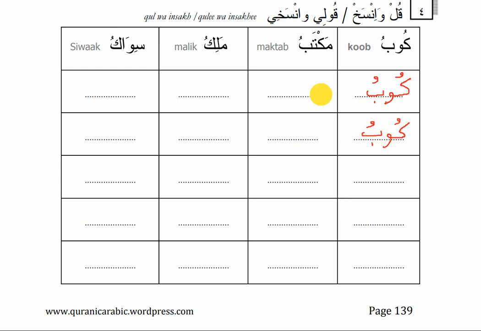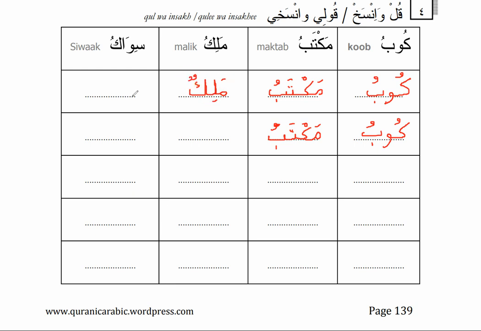Maktab, mim, kaf, as I have lifted my pen up, and ba, ta, and ba, maktabu. Mim, kaf, ta, and ba. Malik, mim, lam, and kaf. Malikun.